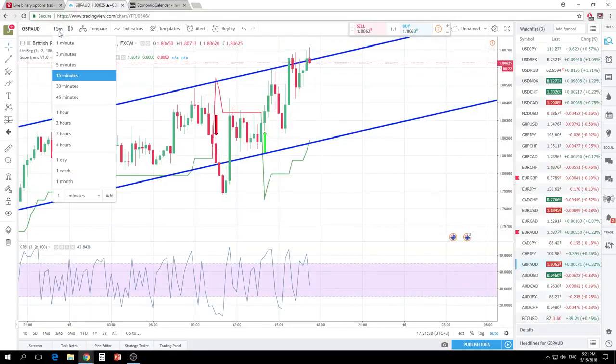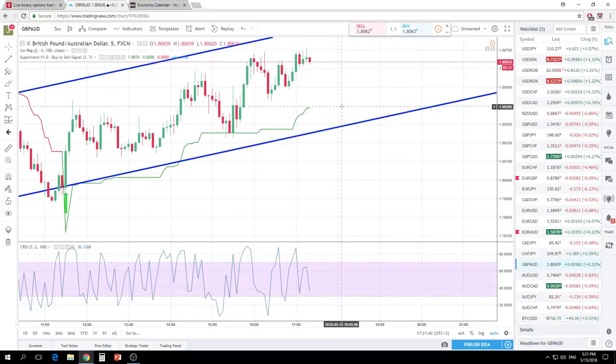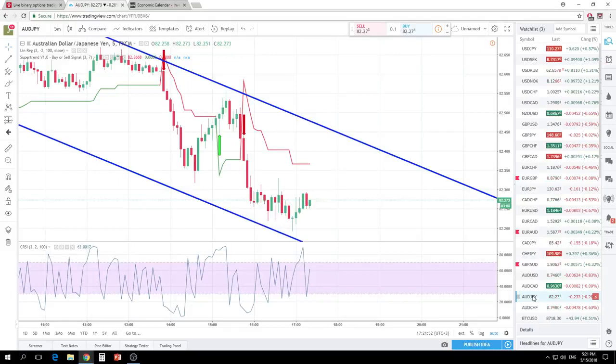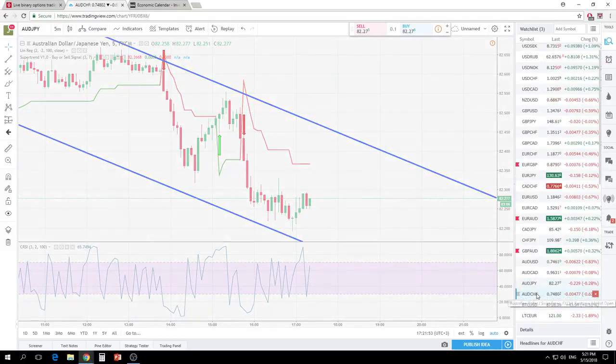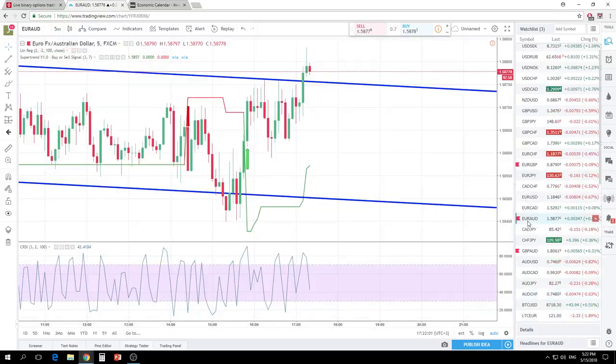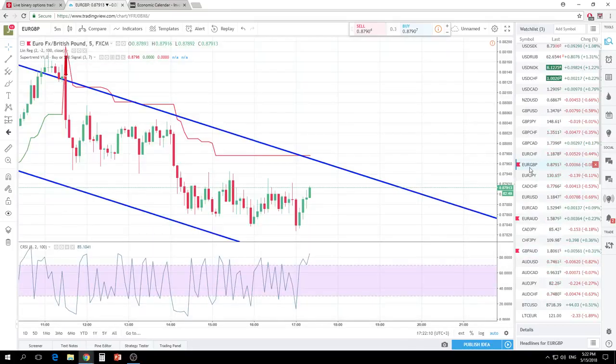GBP Australian dollar. GBP Australian dollar is at the moment a normal opportunity for us to earn some money, so let's mark it. Okay, perhaps we should choose between GBP Australian dollar and Euro GBP.